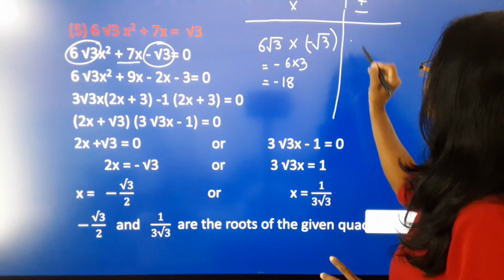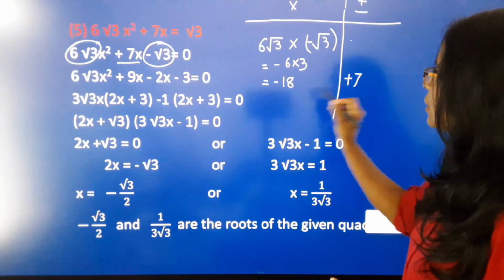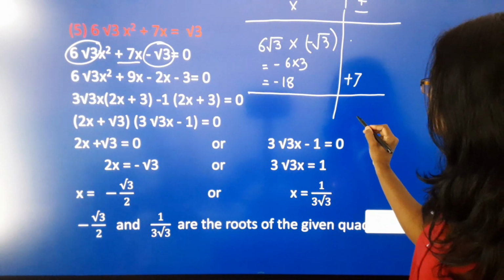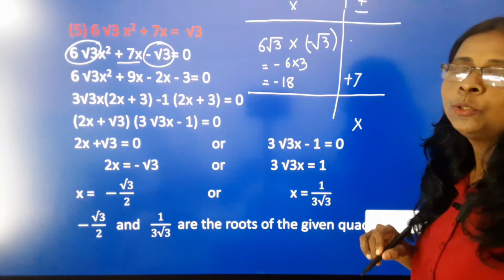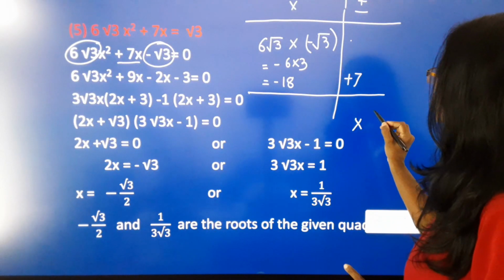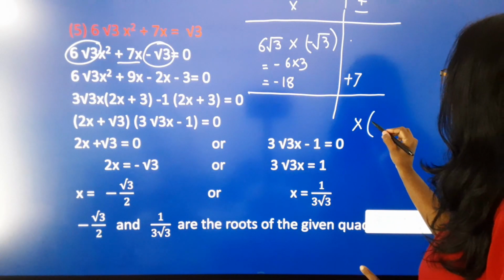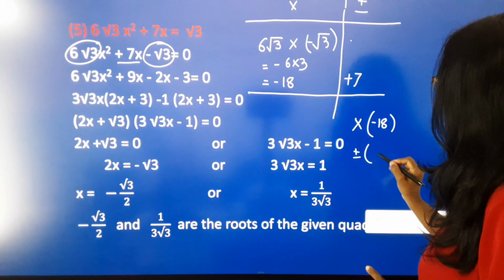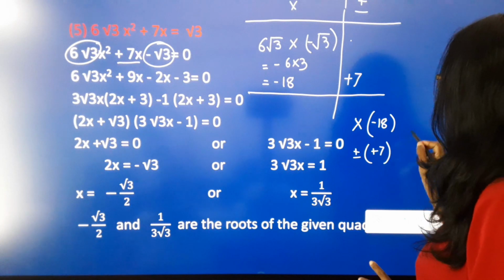So that means the positive 7. So this way we want two numbers having the product minus 18 and addition or subtraction positive 7.